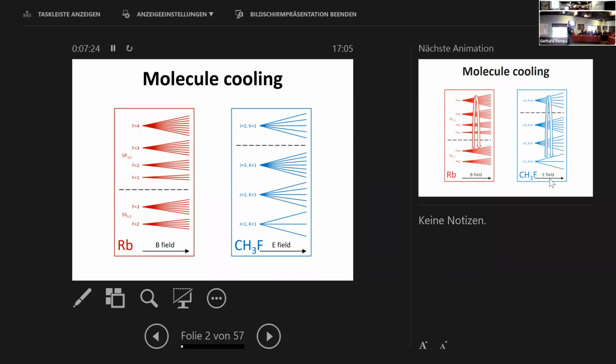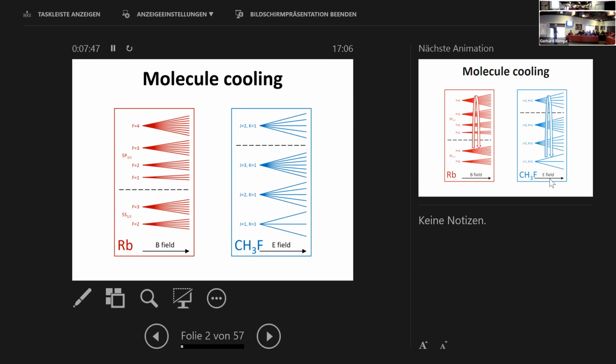For these molecules there are closed shells, so there's no spin and no angular momentum. There's maybe a little bit of magnetic moment from the nucleus, but this is very small. So as a function of the electric field, it's very similar to the atom as a function of magnetic field.